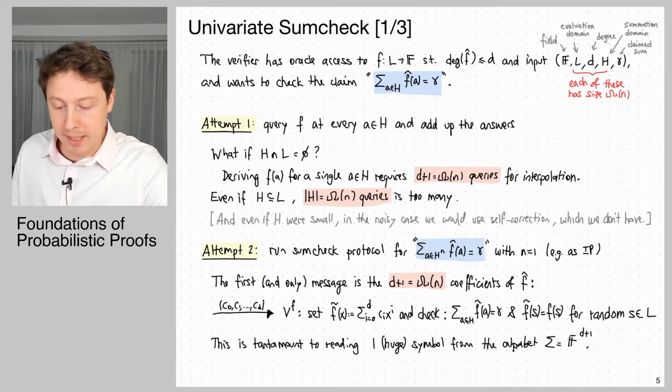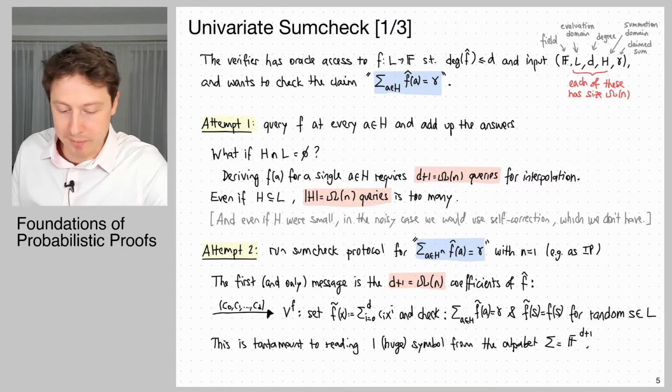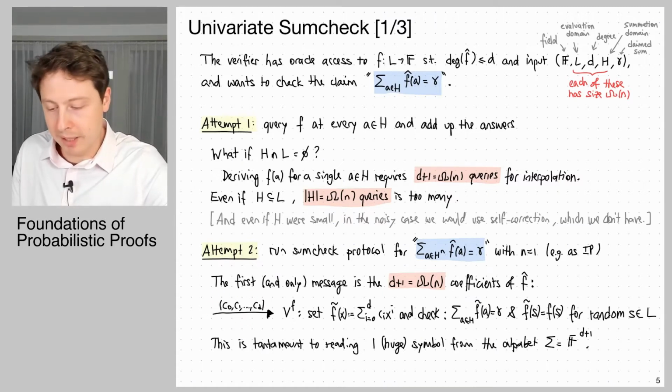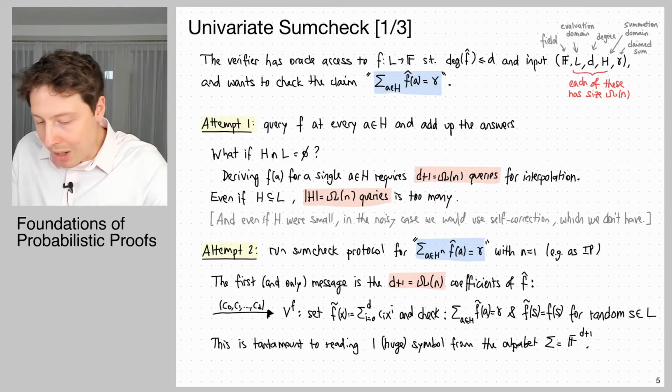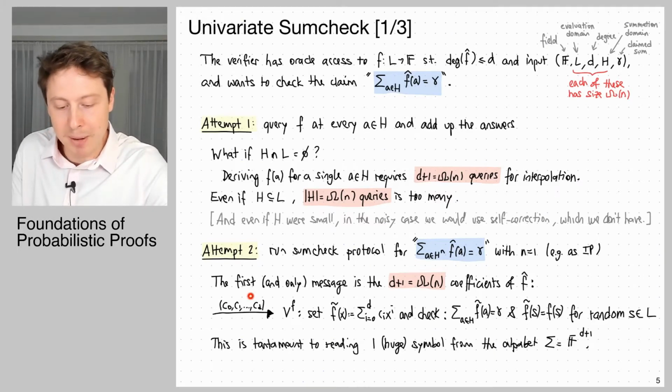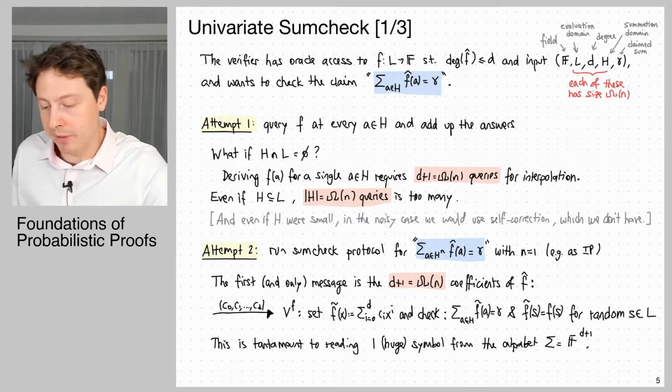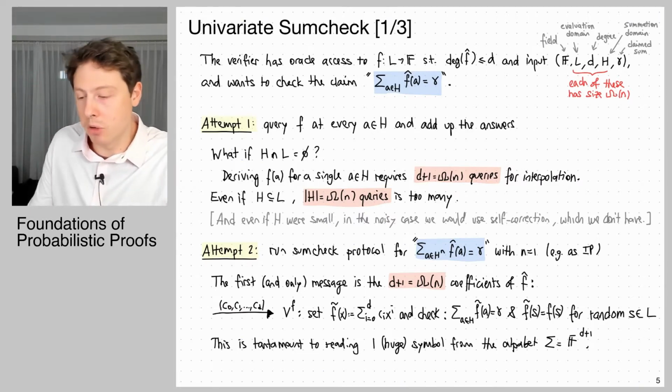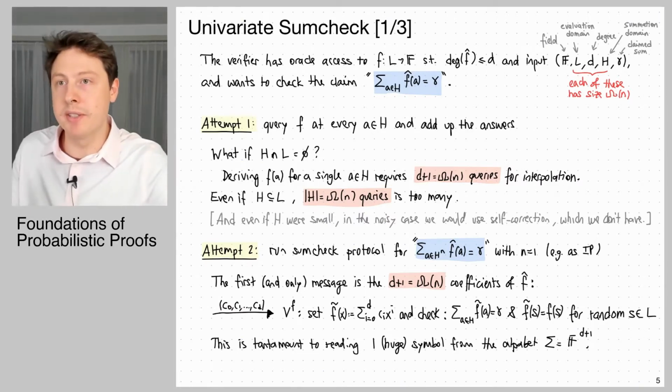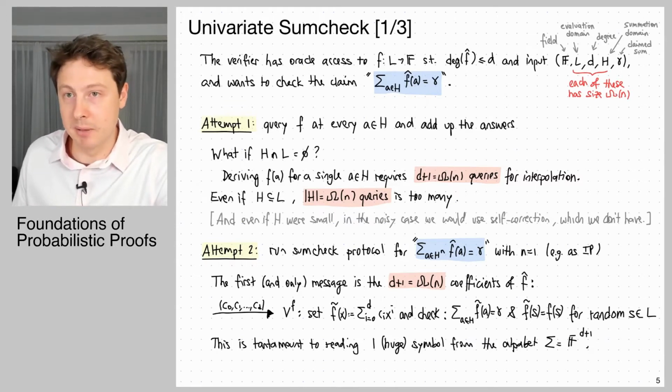And this is again silly because we are receiving order of n information. If we were willing to receive this amount of information, we could have received the assignment to begin with. Receiving a message this big in an interactive proof is tantamount to having an enormous alphabet from which you're reading the entire assignment in one symbol.